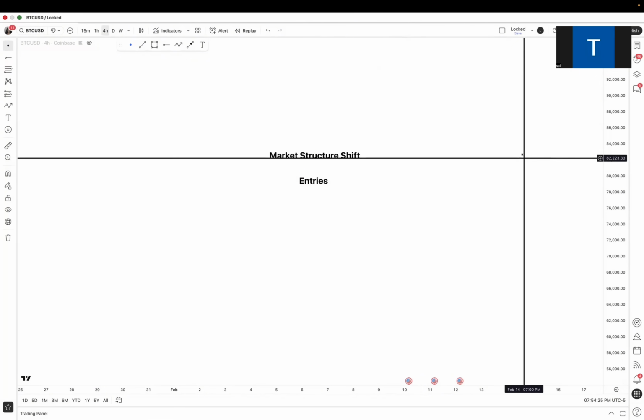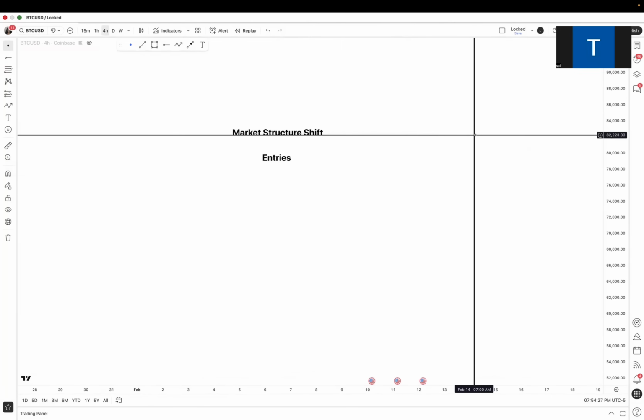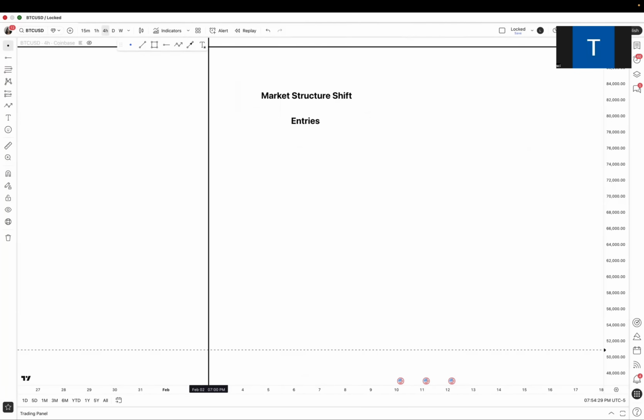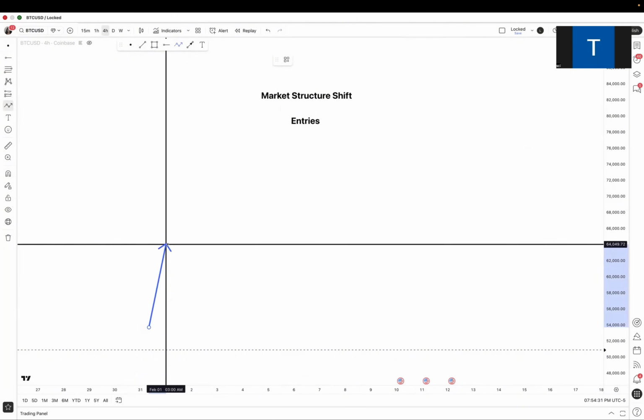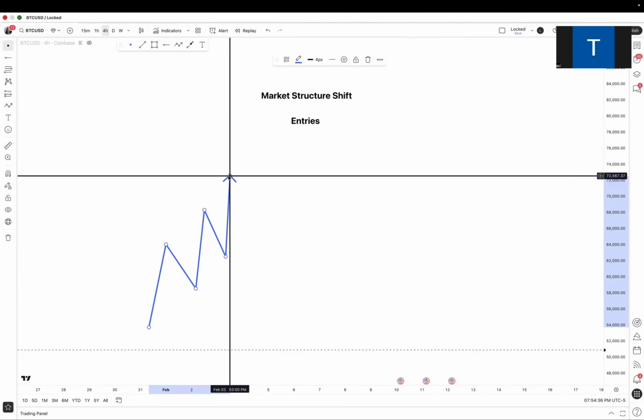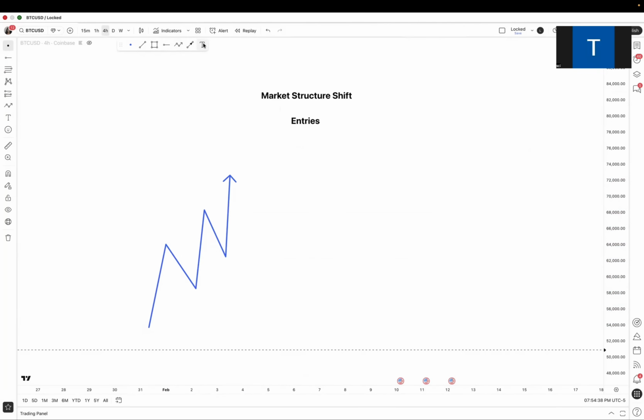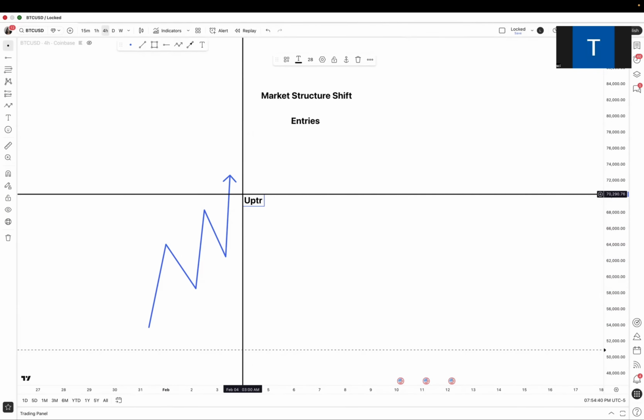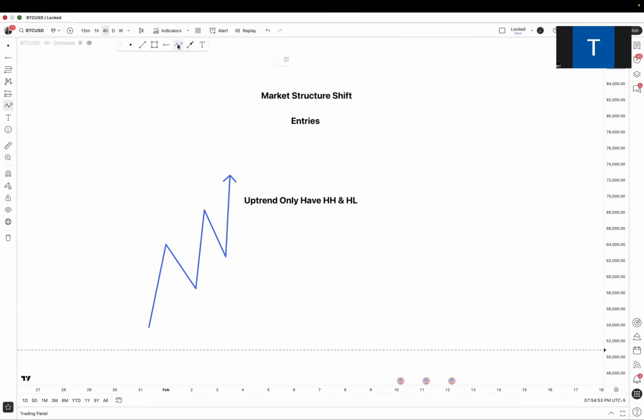So, with this being said, yesterday I explained what an uptrend and downtrend was, even though you probably already know what it is. But to explain it again, an uptrend is a higher high, higher low, higher high, higher low, right? Uptrends only consist of this. So uptrends only have higher highs and higher lows. Same way with a downtrend.